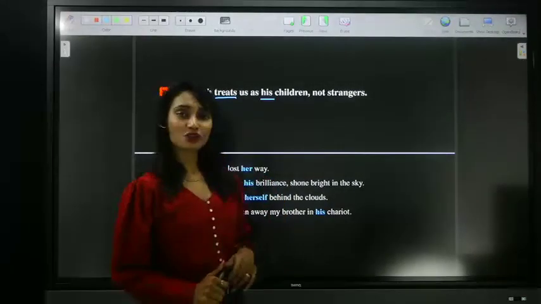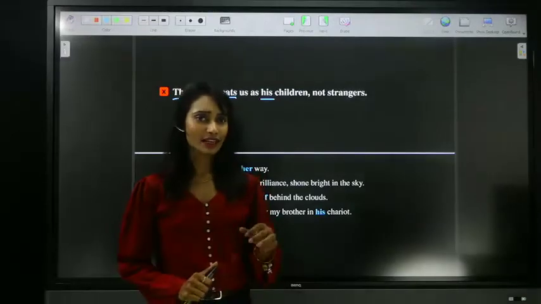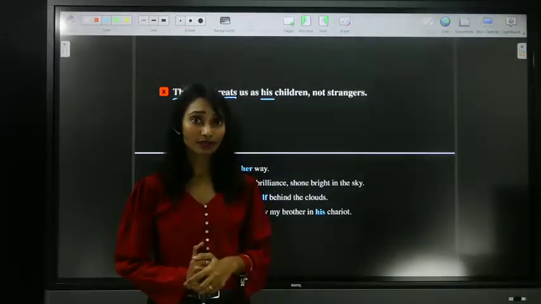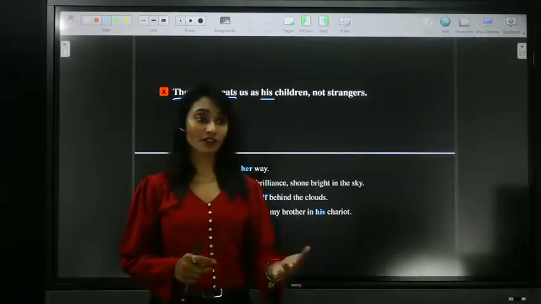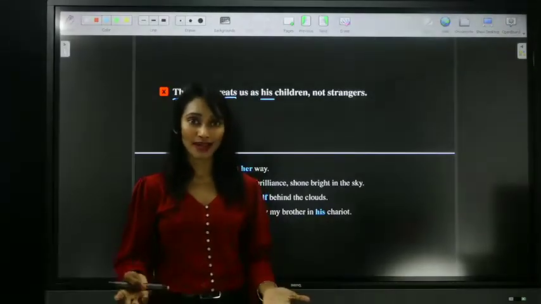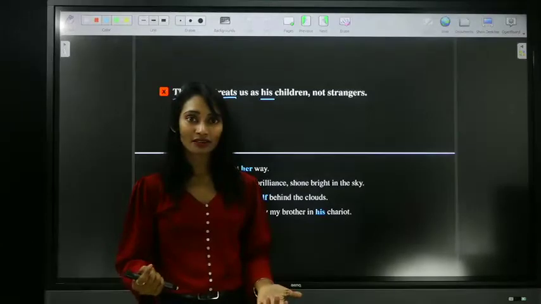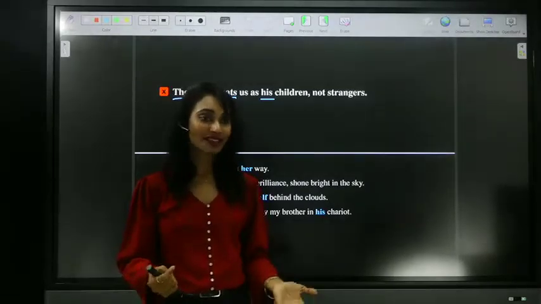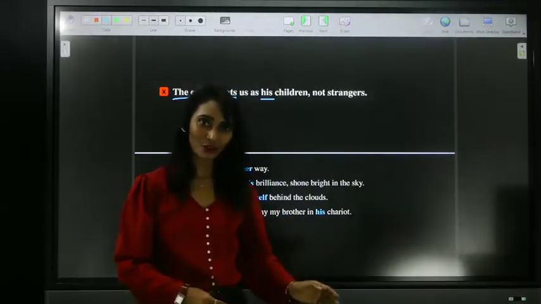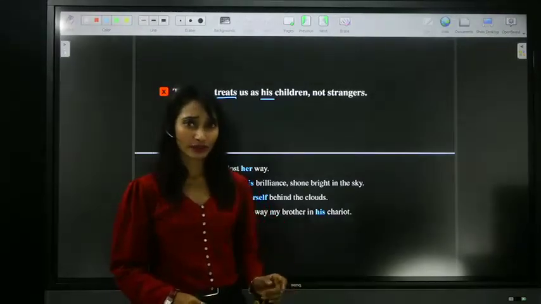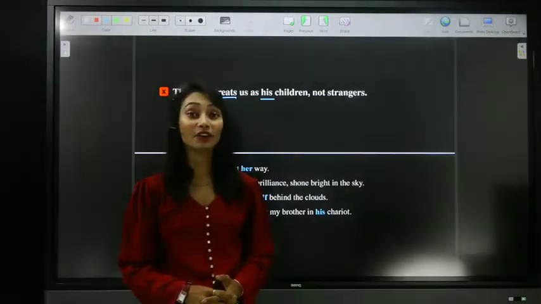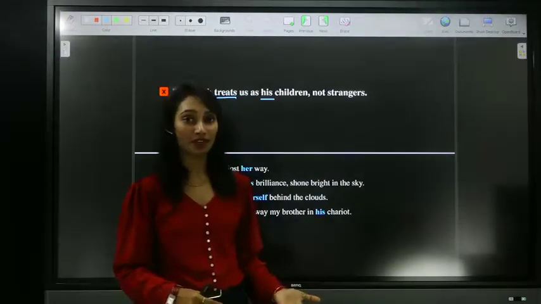The earth treats. Can a non-living object treat us? If you are sitting on a chair or table or bench or bed, will the chair say to you, "Yaar, come here, sit on me. You're good, cool." Or will it say, "No, you get up, don't sit on me." Will it? No, it cannot because it is non-living being.